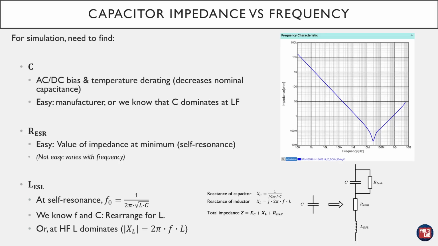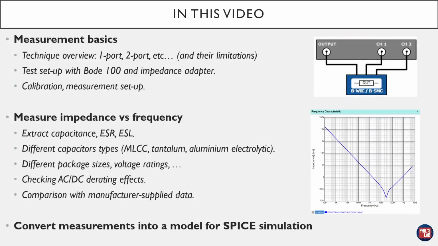Now keep in mind, again, this model of the capacitor is at one operating point, at one AC and DC bias, at one temperature, and actually the equivalent series resistance does change over frequency, and we will just pick it out at the self-resonance. Of course, we have to take care of these extra nonlinearities and non-idealities and simplify them down to our base model.